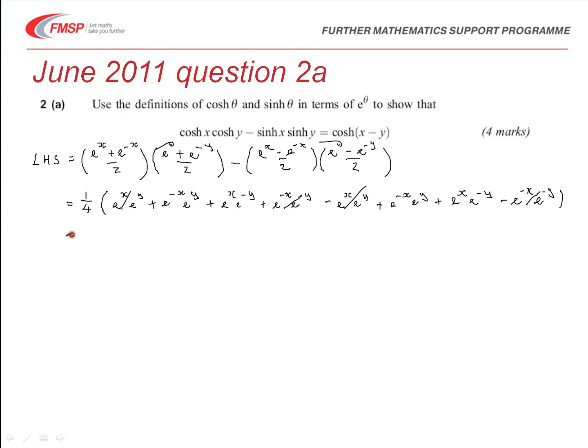So if we take the factor of 2 out, that then will become a half of e to the x e to the minus y plus e to the minus x e to the y.